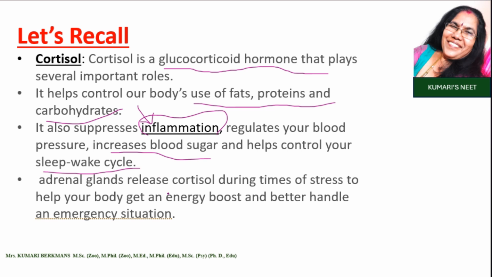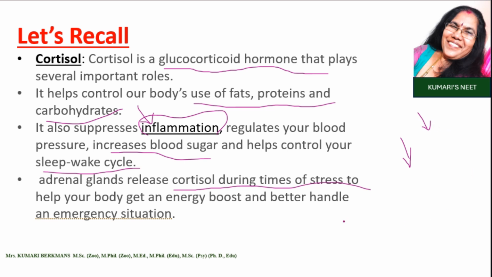The adrenal glands release cortisol during times of stress. When it is released is very important: when you are under stress. For example, your examination is coming, so while you are sleeping, you sleep with slight stress, isn't it?